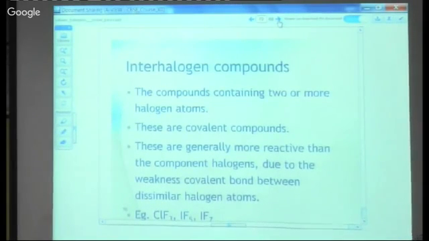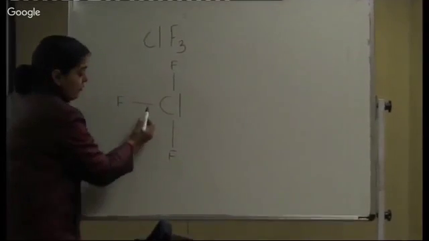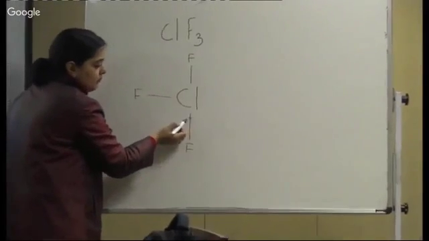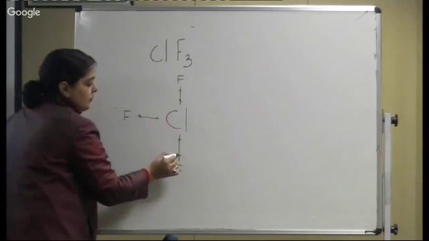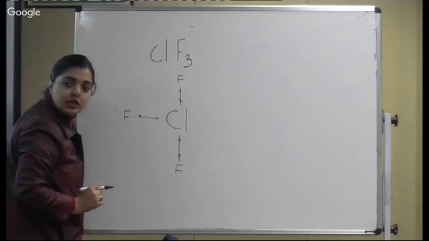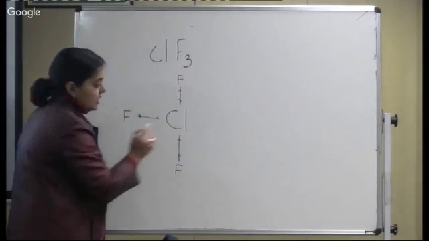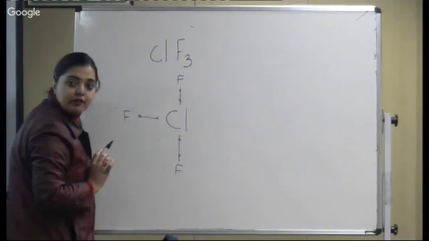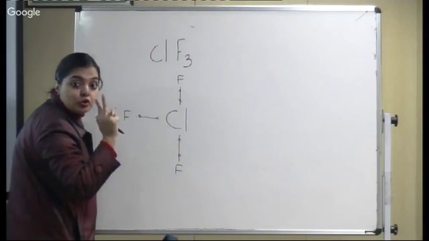In that case, 3 fluorine atoms should be accommodated here. 1 electron from chlorine and 1 from fluorine form a covalent bond. Now chlorine has 7 electrons in total. 3 are accommodated with the bond pairs of fluorine. How many are left? 4. 4 in turn will form 2 lone pairs.